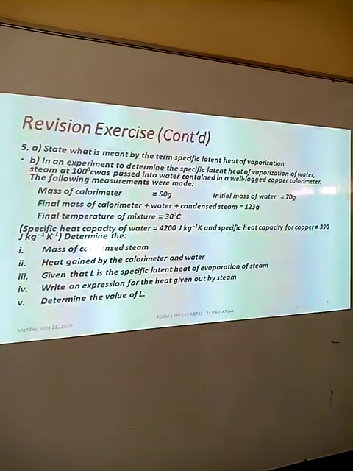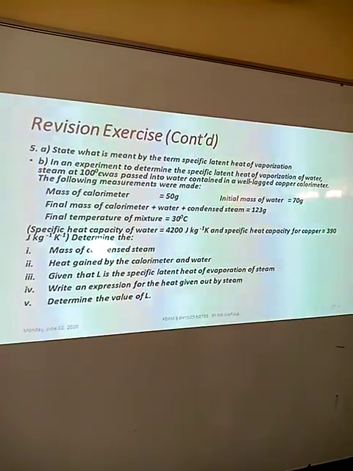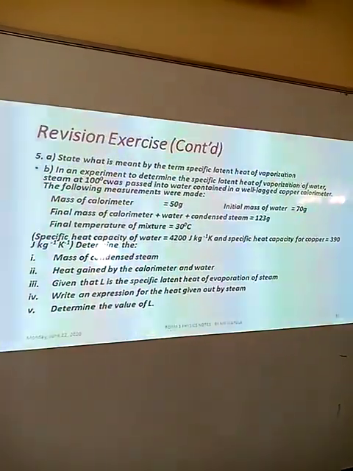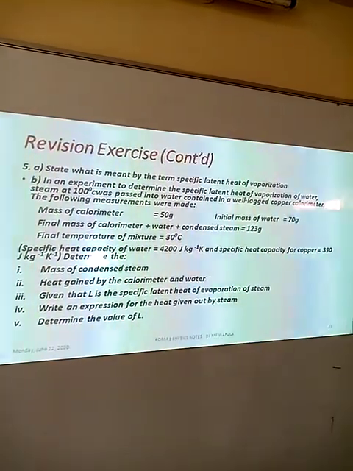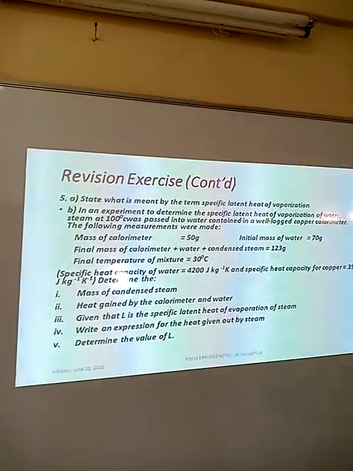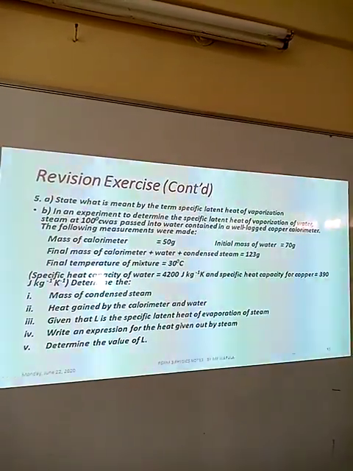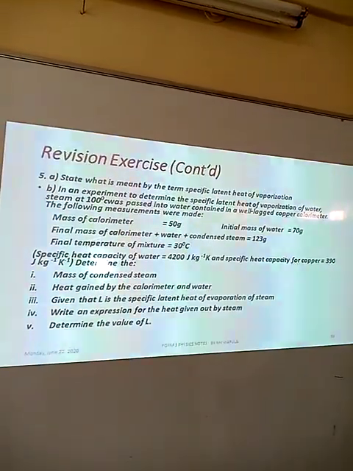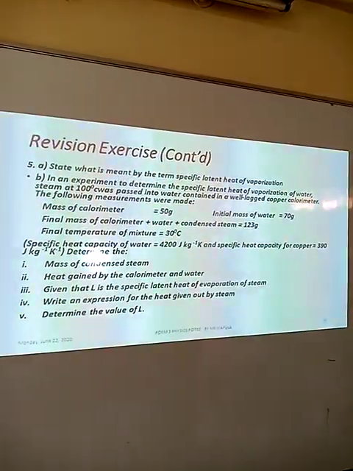Then we have those constants given there. They want the mass of condensed steam, the heat gained by the calorimeter and water, and hence the specific latent heat of vaporization of steam. Write an expression for heat given out by steam, then determine the value of L.